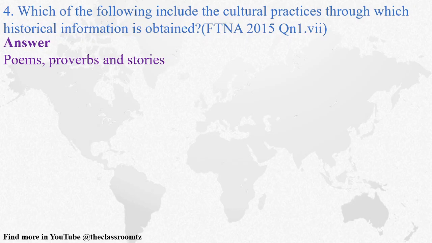One way is through narration of past events by someone, or out of that we have these different activities: poems, proverbs, stories, which are actually recreation activities. But these recreation, arts, or literature activities can be used to express past events of human beings. So when poems, proverbs, and stories express past events of human beings, that is referred to as cultural practices.